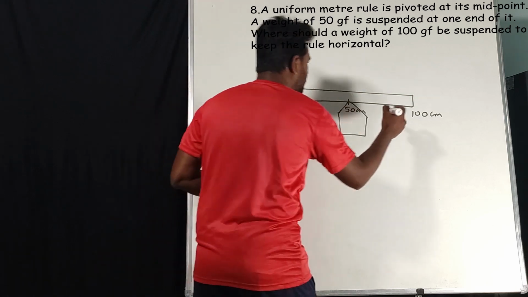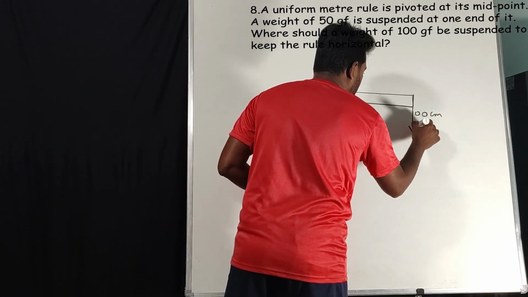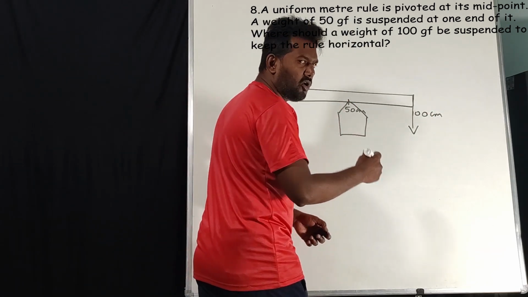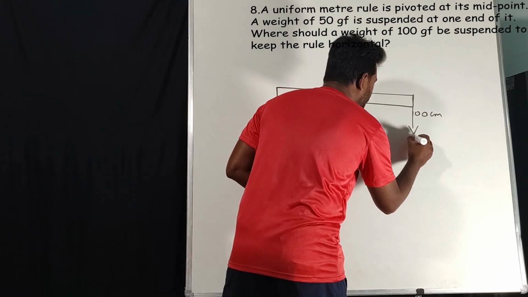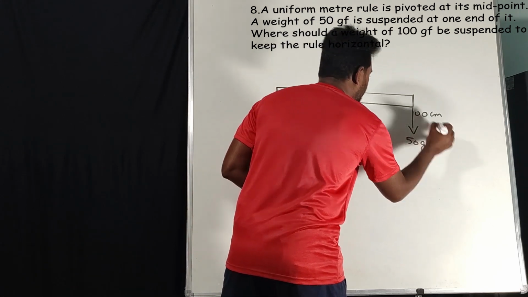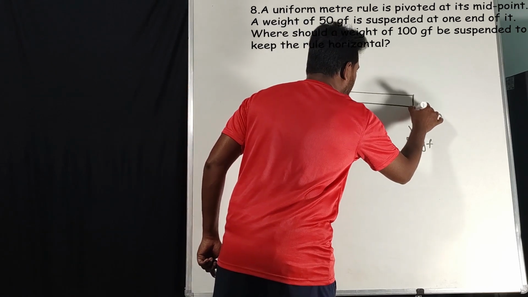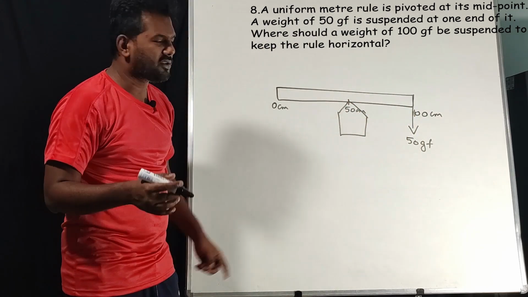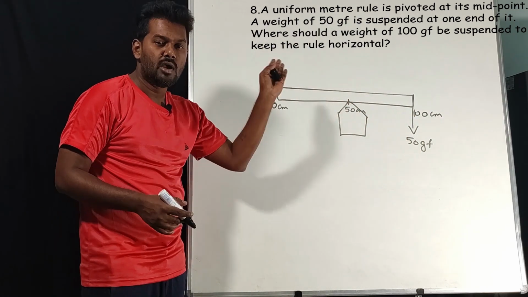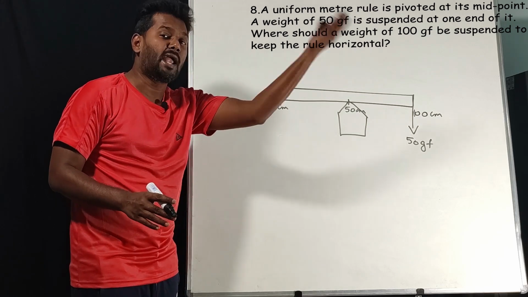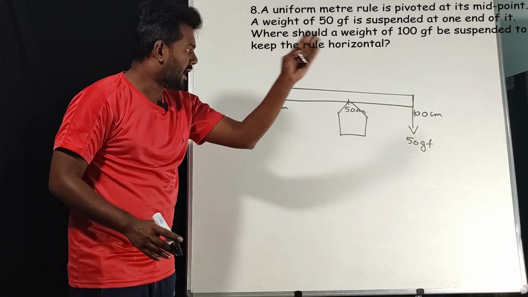Don't worry. Assume we place the load, weight and load are both the same, 50 GF load here at one end. This is very important, because they have not mentioned the exact value. They are telling us to keep it at one end. So we kept it at one end.